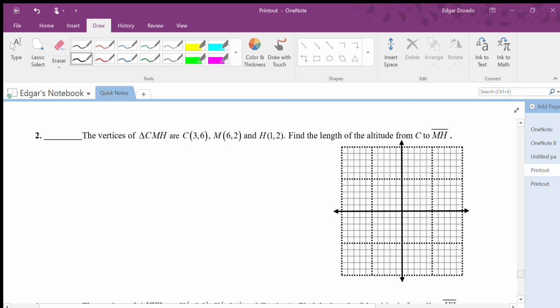So this one's going to ask us to do the vertices of triangle CMH. C equals 3, 6. M is 6, 2. And H is 1, 2.